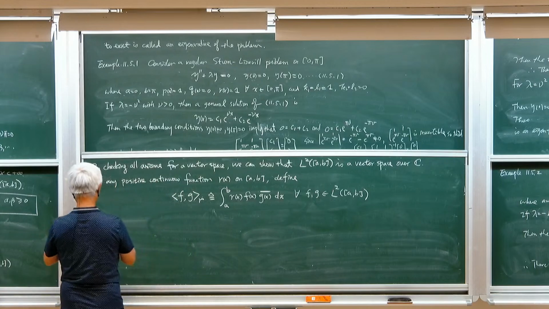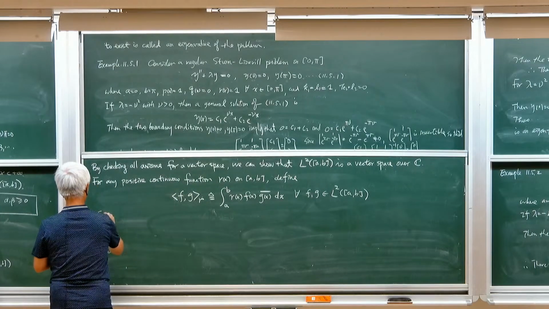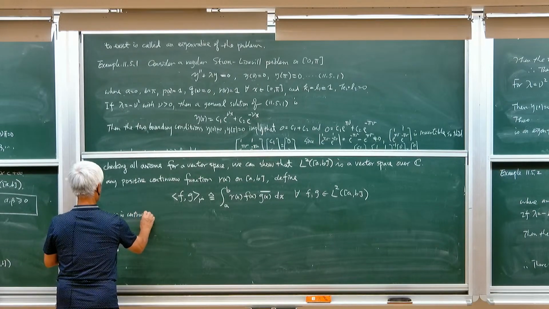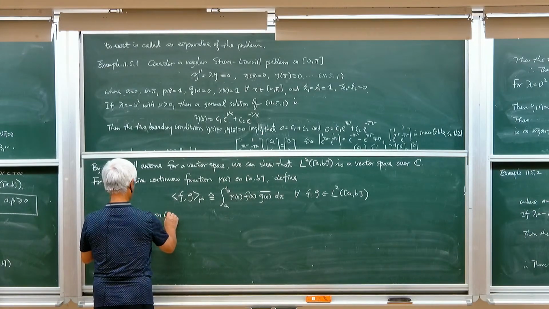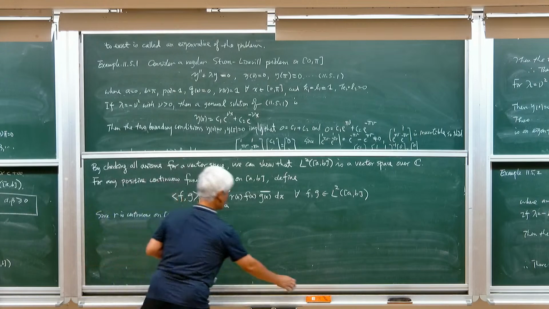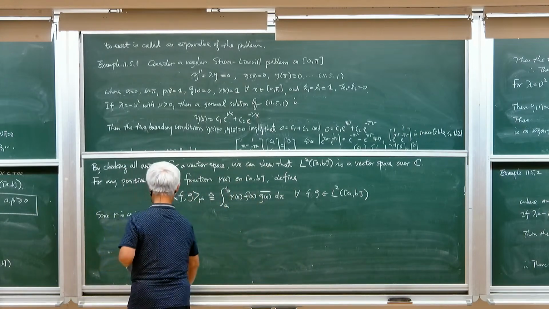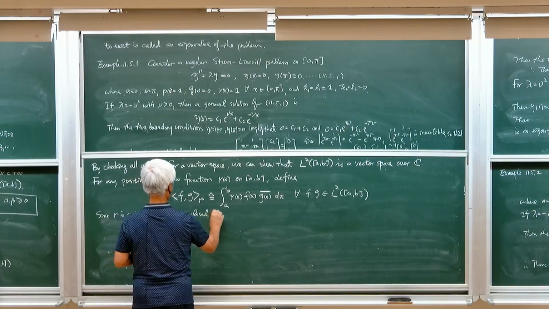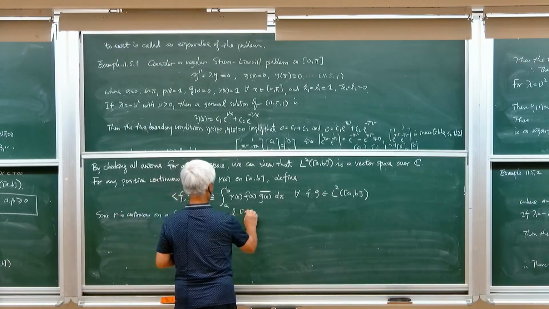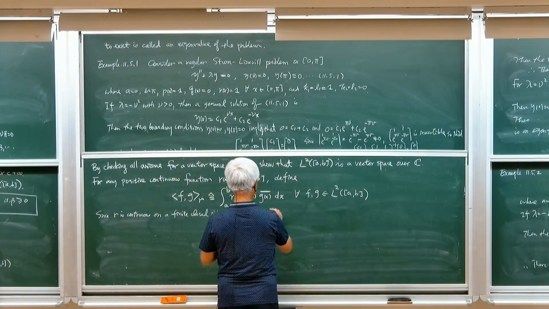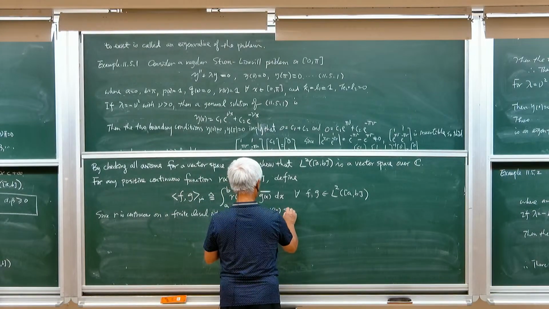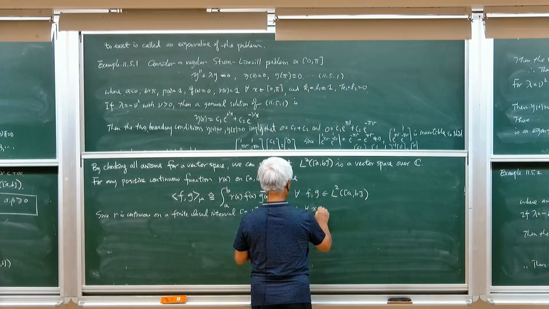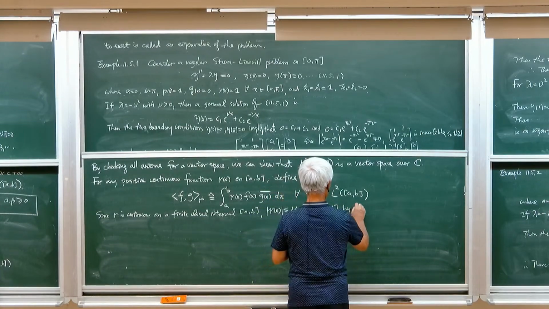Now, since r is continuous on a finite closed interval [a,b], we know r of x will be greater than or equal to m for all x in [a,b] by the extreme value theorem.